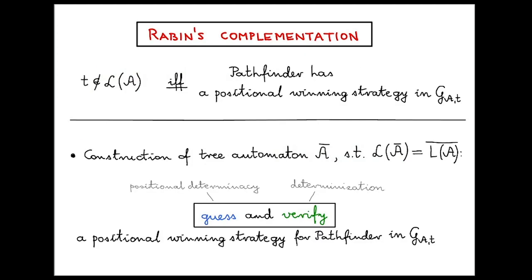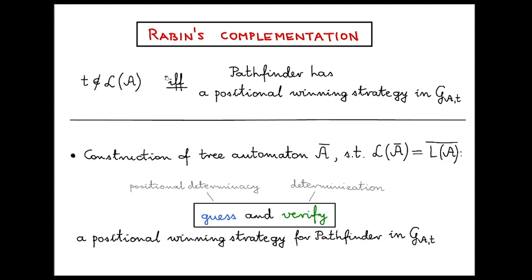So finally, let's see just a sketch of the construction in this hard part of Rabin's result, which is the complementation of tree automata.